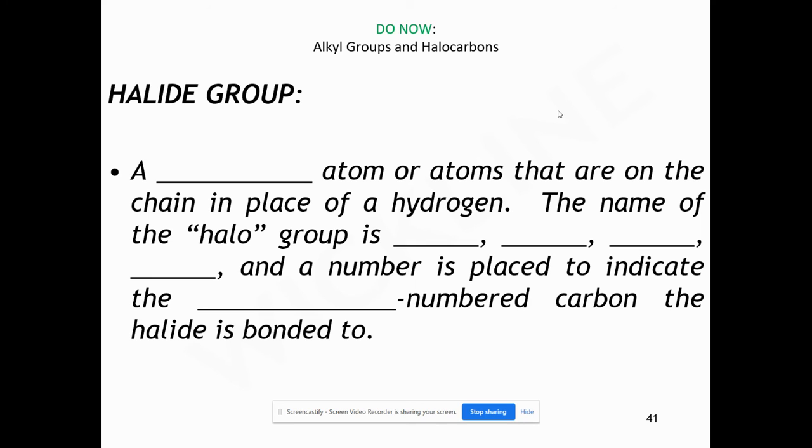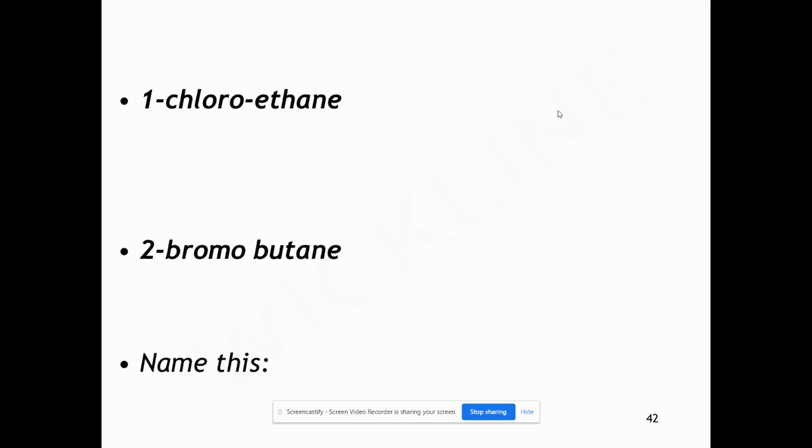Oh, let's look at halide groups. So halides are just group 17. So you add a halogen to them, okay? So the name of the halo group is fluoro, chloro, bromo, and iodo. And a number in the place which indicates where it's attached to the carbon.